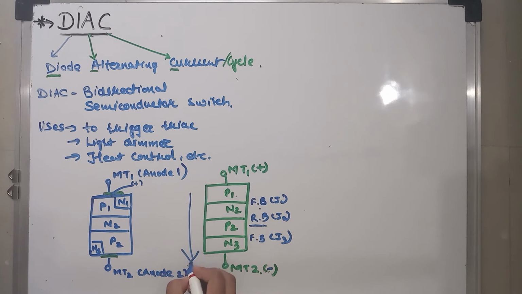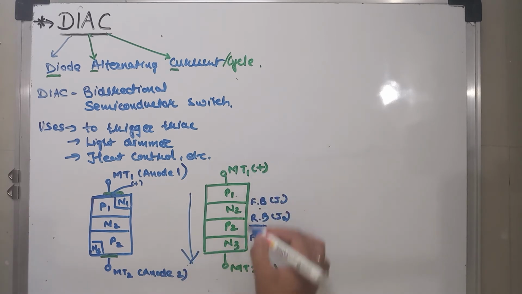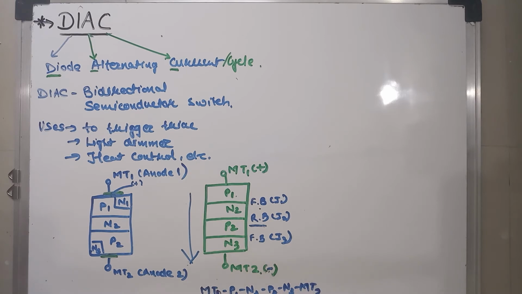Like this, current flows from MT1 to MT2, through P1 to N2 to P2 to N3, that is, from MT1 to MT2.